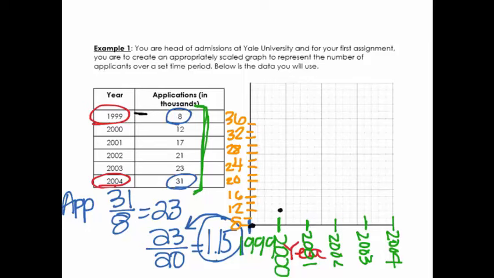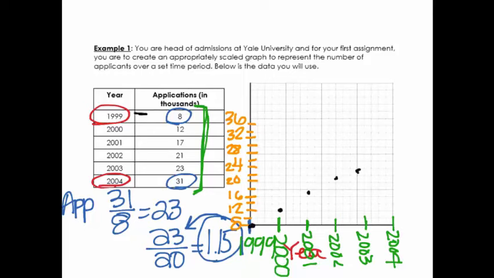My next point happens at 2001 and 17, so that's right above the 16 line, but not quite at the 18 line, so kind of in the middle there. My next one happens at 2002, and it's at 21, so again, it's going to be in between two boxes. My next one's 2003 and 23, so again, right above the 22, but below the 24.